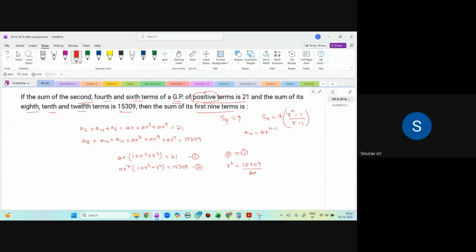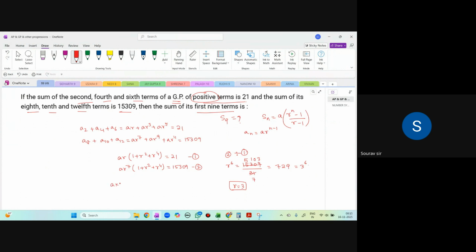So you cancel with 3, 7, 3, 5, 1, 0, 3 is 7, 20, 63, 9. So R to the power 6 is 729, which is 3 to the power 6. So R equals 3. Once you get R, you can put R in the first equation to find A.